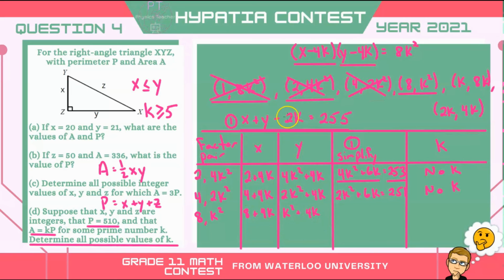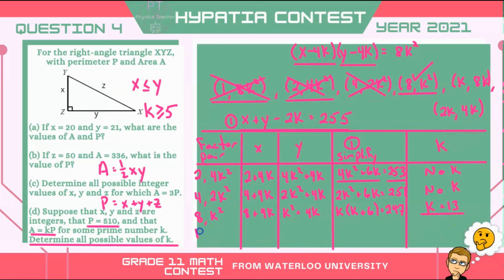And substituting those into equation 1 and simplifying, we get k times k plus 6 is equal to 247. And in this case, you can solve for k. K is going to equal 13. So we have one possible value for k. Let's try the other two factor pairs, see if there's another.